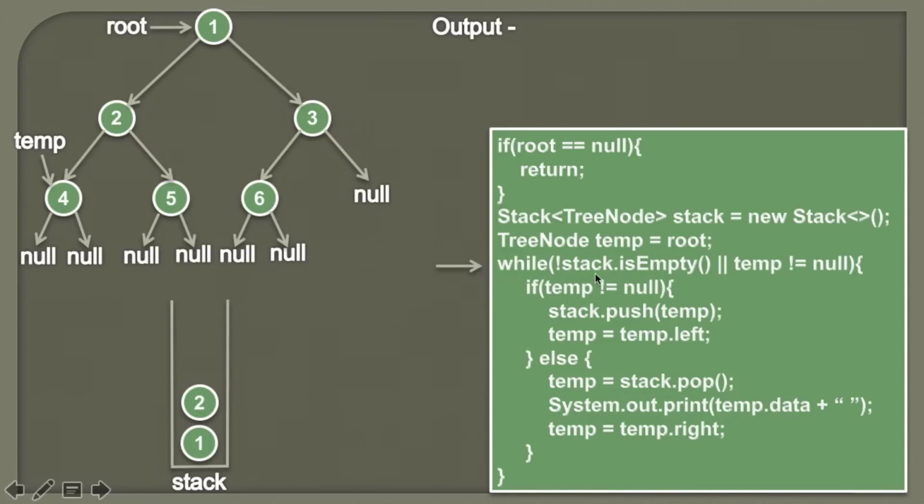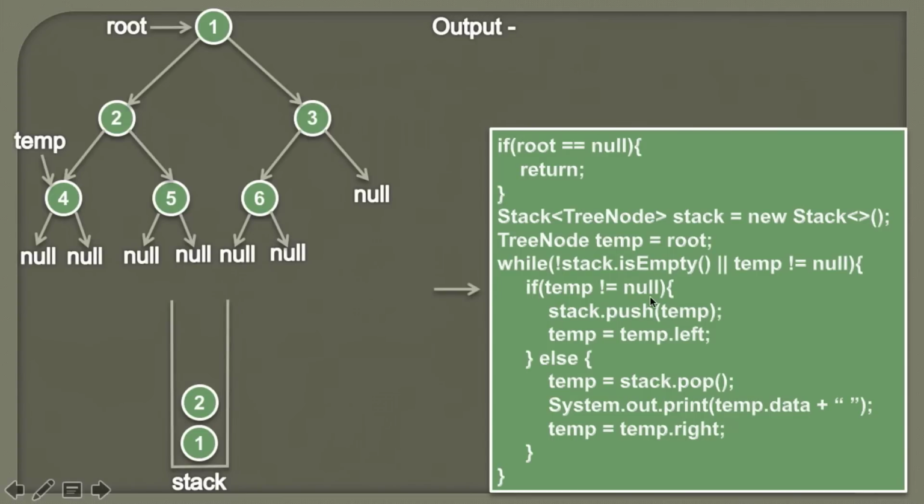Then again in the while block we check whether stack is empty or not and temp is equal to null or not. Currently stack is not empty and temp is pointing to the node 4, so the condition in the while block comes out to be true. Then in the if block we check whether temp is equal to null or not. Currently temp is pointing to node 4, therefore it's not equal to null.